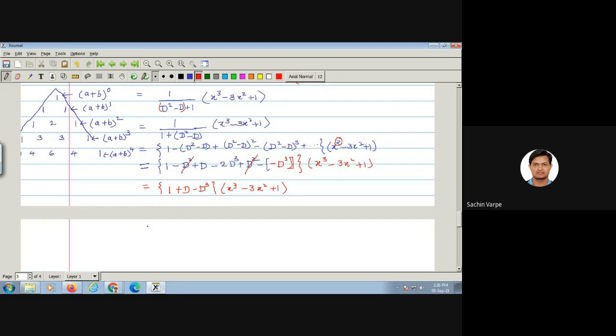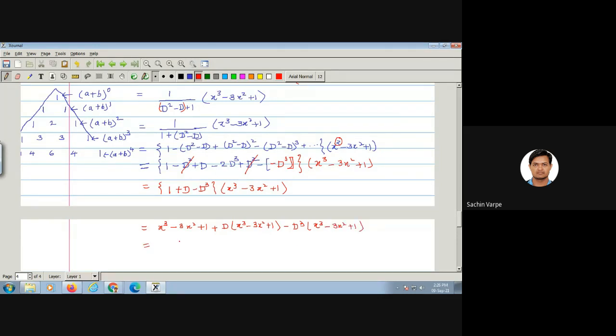And when I multiply by the polynomial inside, 1 into that polynomial is the polynomial itself, x cube minus 3x square plus 1, plus D of this polynomial, that is the derivative of the polynomial. Let me write here: D of x cube minus 3x square plus 1, and minus D cube of x cube minus 3x square plus 1.